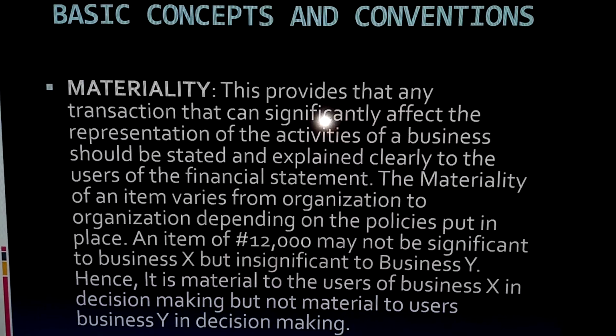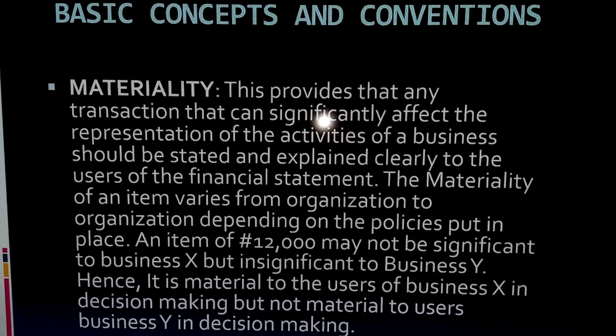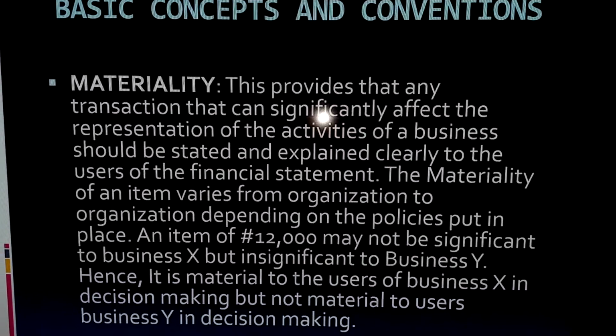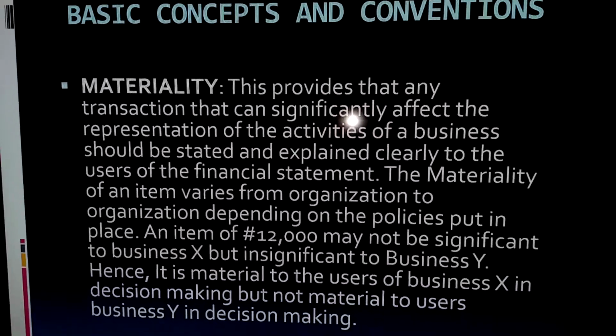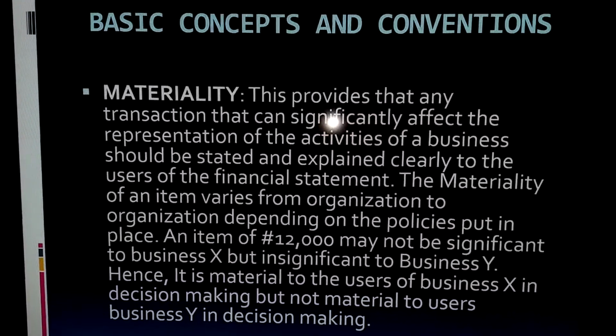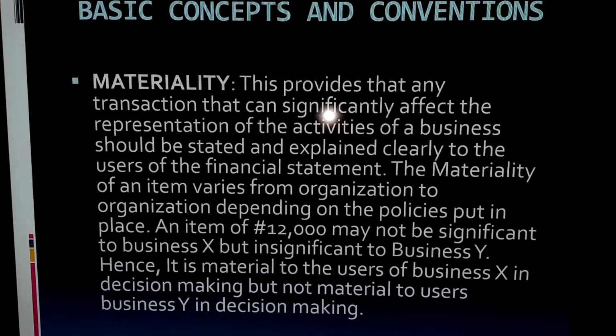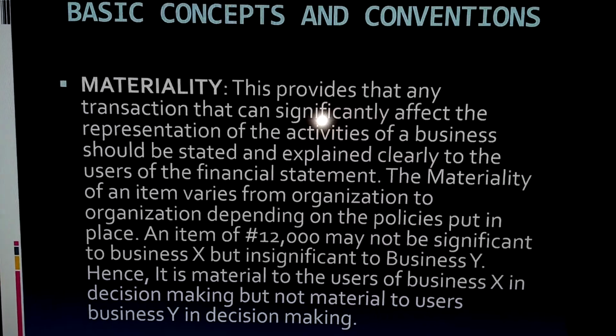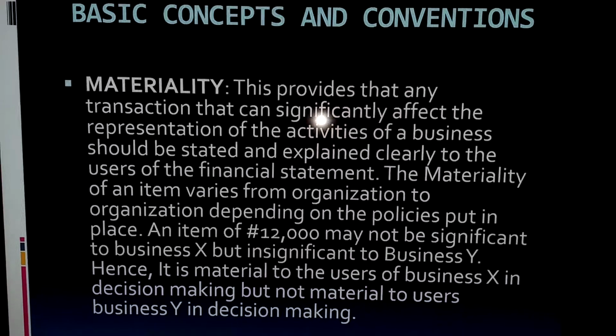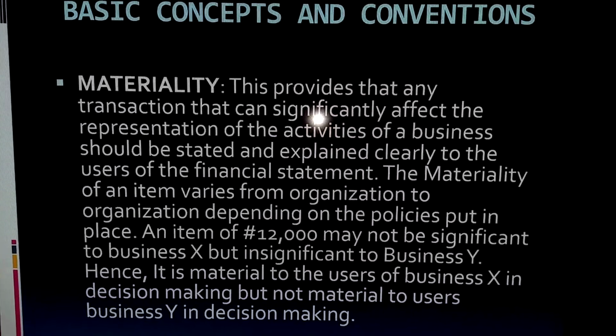What is significant for a business might not be significant for the next business. If you look at a very big organization, they might tell you that if an item is between maybe 10,000 and 50,000, you can write it off immediately. That's an expense. Don't try to break it and write it off gradually.